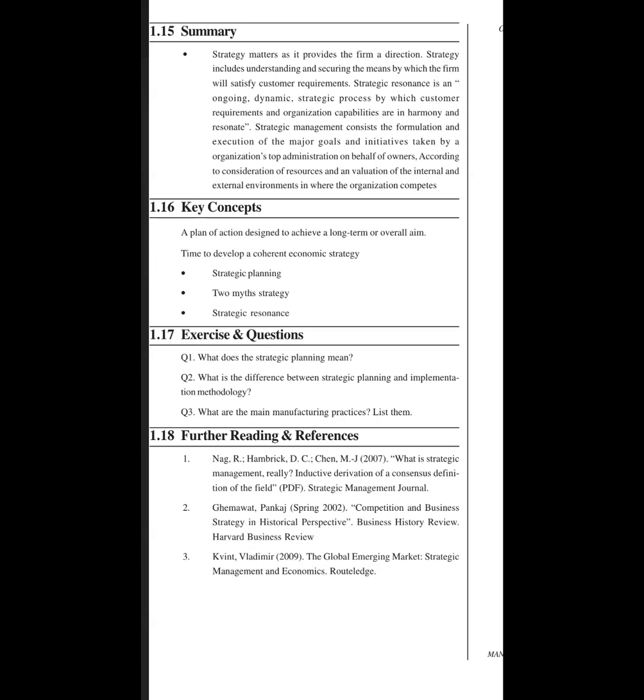Then there are other changes. Internal factors mean the healthy relationship between employees and the top level managers, right? If there is a healthy relationship, definitely there will be no communication gap, there will be no such kind of conflict or disputes, right?